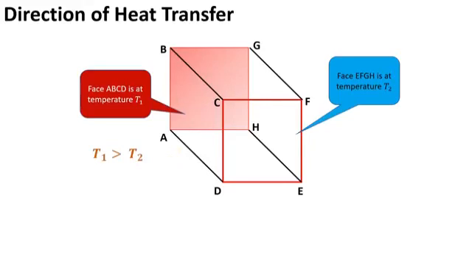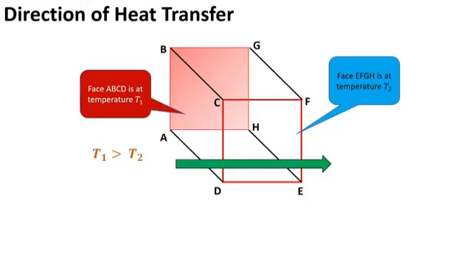So heat will flow from higher temperature to lower temperature. This green arrow shows the direction of the heat transfer, because face ABCD is at a higher temperature than face EFGH. Heat always flows from higher temperature to lower temperature, so heat will flow from ABCD to EFGH.